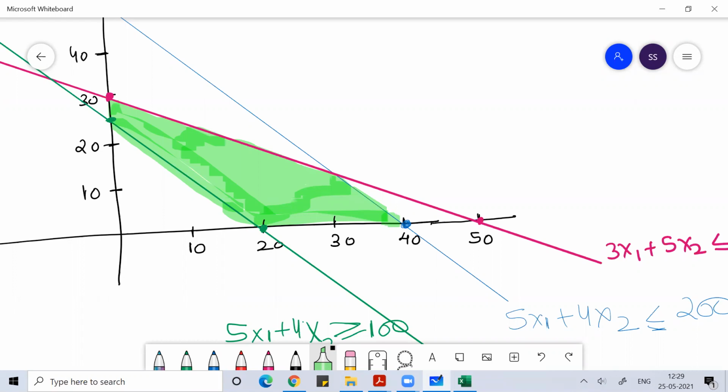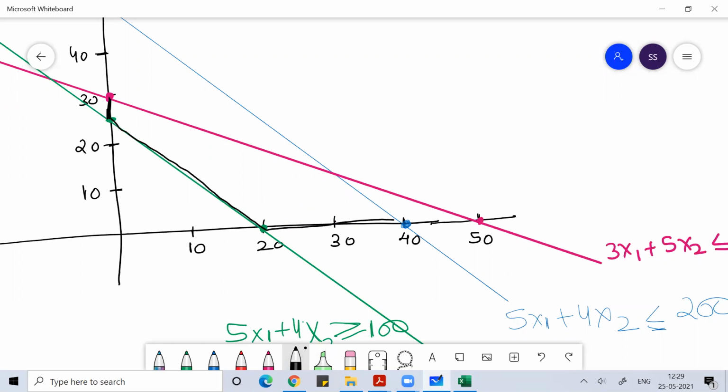This is the area which is common between the three lines, correct?